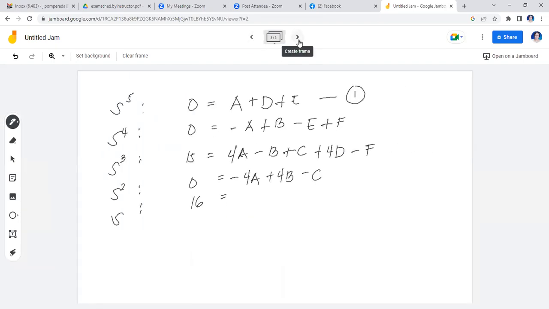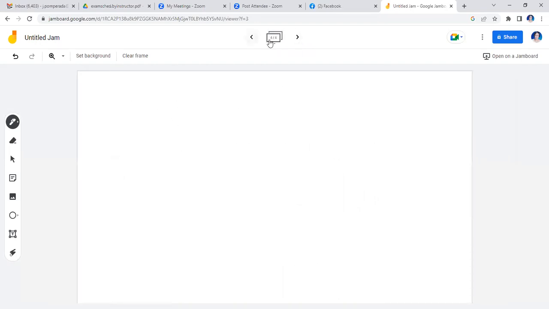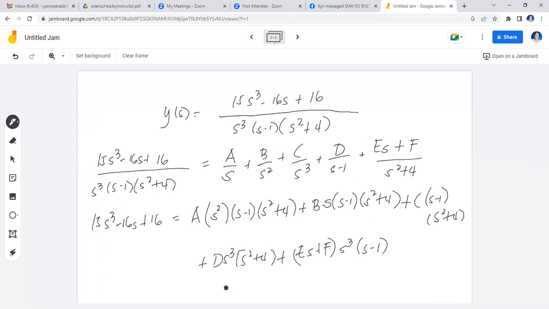Negative. And S. So we can never have an S here because of this multiplier. So no S. This times this is negative S times this negative 4B.